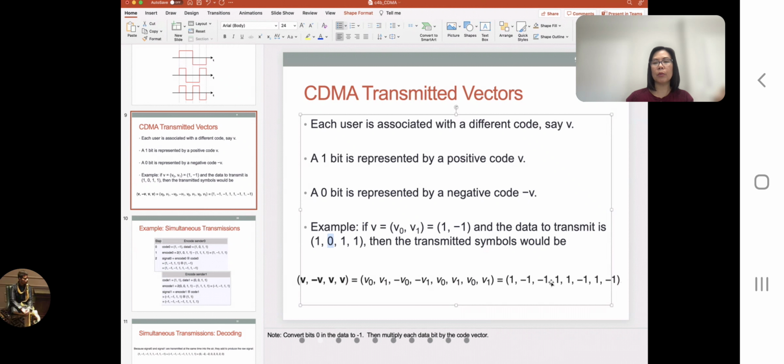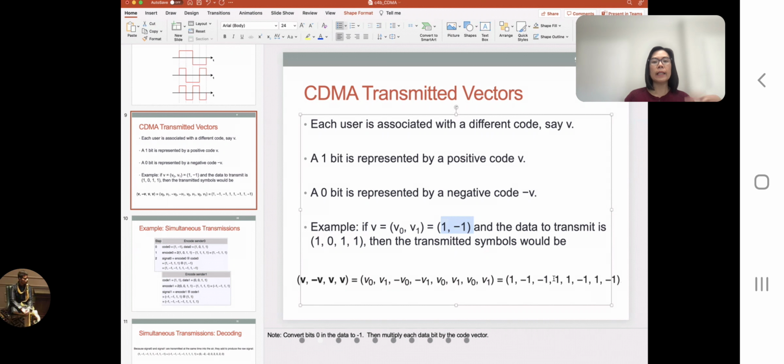That's how we get the sequence of bits to be transmitted. If the number of components of a code is 2, then we double the number of bits. If it is 4, then we multiply the number of bits by 4. If it's 8, then 8 times 4 would be 32 bits to be transmitted.